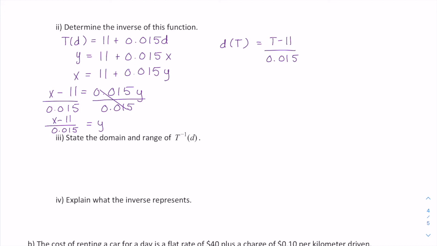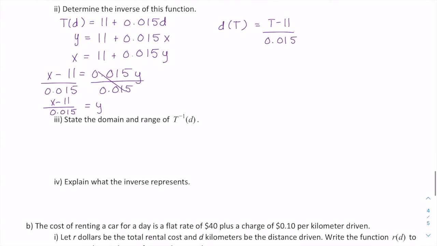Okay, so let's state the domain and range of this again. So our domain and range will be the same. Our temperature at the surface is still 11. So it's not going to change that all of a sudden our temperature in real life is different.